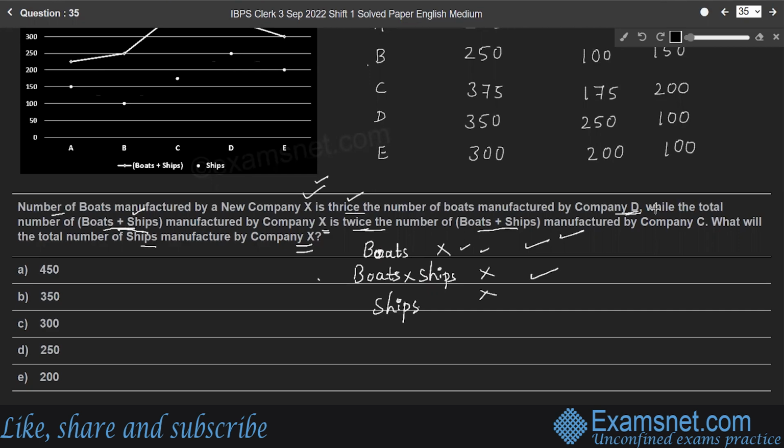So we need to subtract: boats plus ships minus boats gives number of ships manufactured by company X. So let us go step by step.